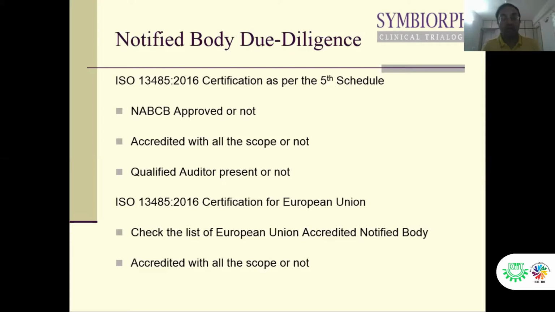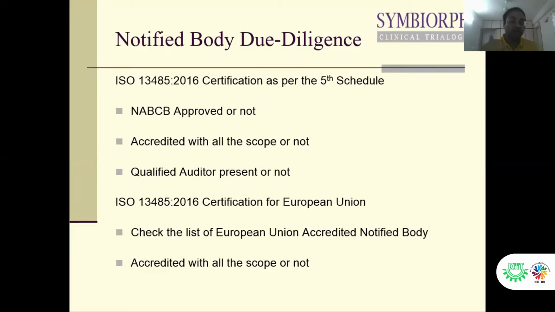So you should know which category your devices come under, and ask the certification body to provide the entire scope certificate given by NABCB. Then cross-check whether your product category falls under their scope. If it does, you can select that certification body. So there are two checks: whether they have NABCB approval, and whether they have the scope for your product.